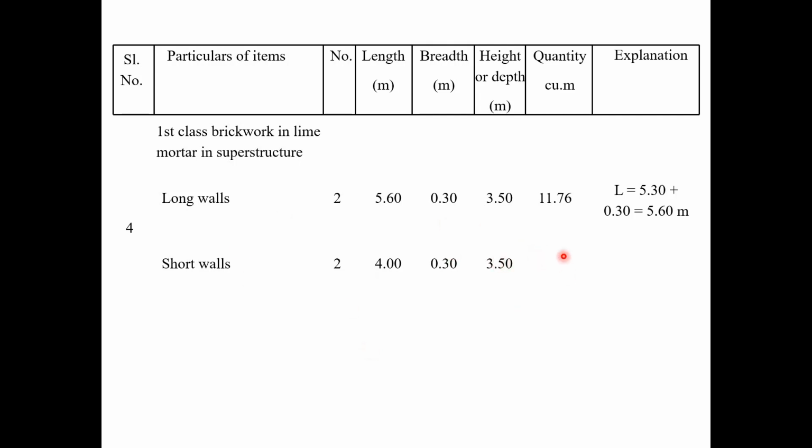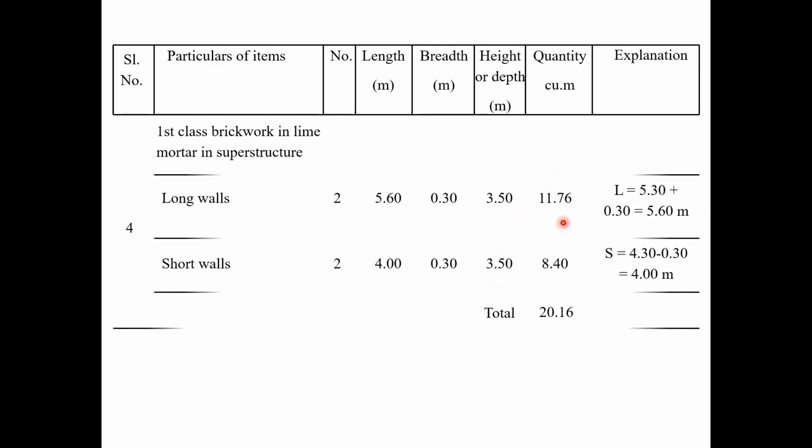Total quantity can be arrived at by considering the product of these values, and in the explanation part we can show the calculation of length as how did we arrive at this value. So the total quantity of brickwork in superstructure can be calculated by adding these two quantities of long wall and short wall, which is 20.16 meter cube.